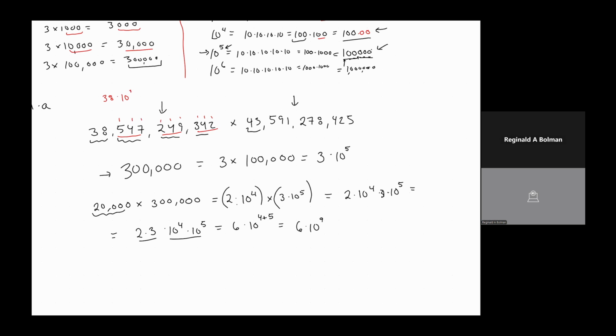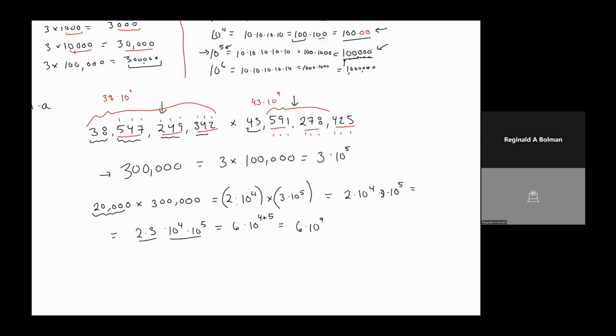So I can rewrite 38,547,249,342 as 38 times 10 to the 9th. And I can do the same thing here. While I can work with 43, because 43 is a manageable number, 43,591,278,425 is a little bit difficult for me to work with. So I'm going to count the number of digits. I've got 1, 2, 3, 4, 5, 6, 7, 8, 9 digits here. So I'll take 43 and multiply it by 10 to the 9th.